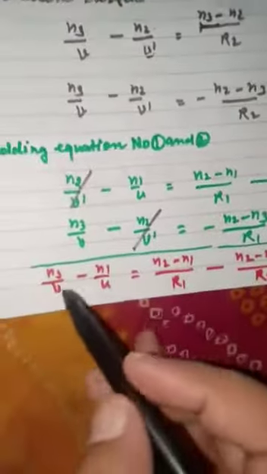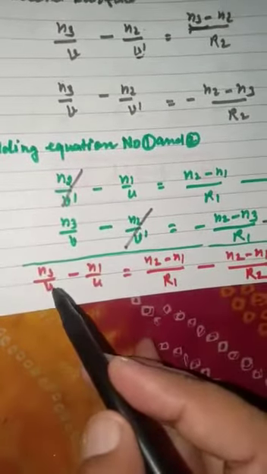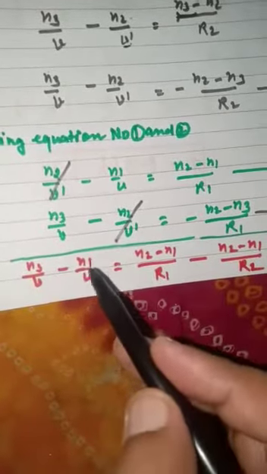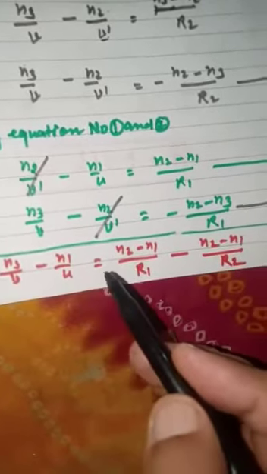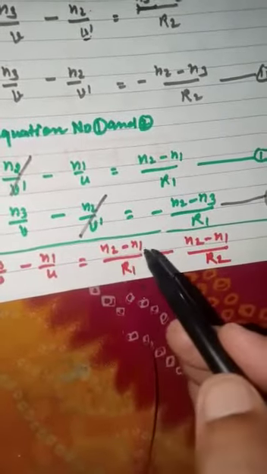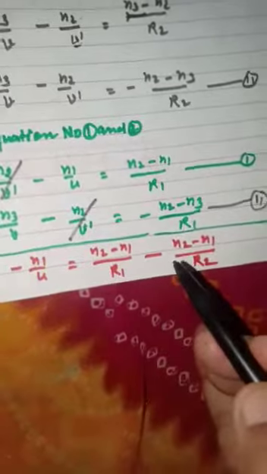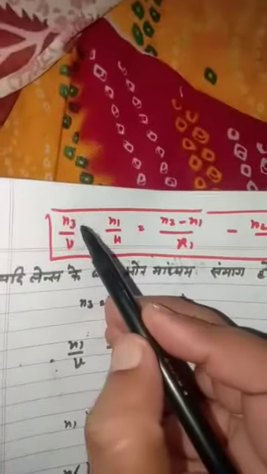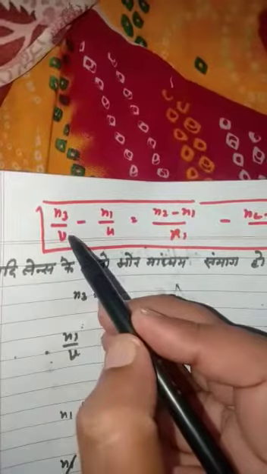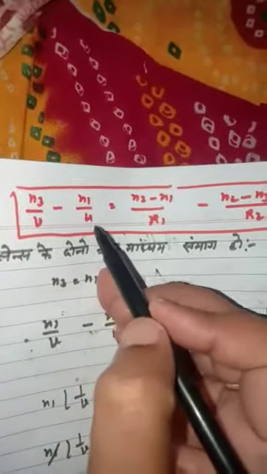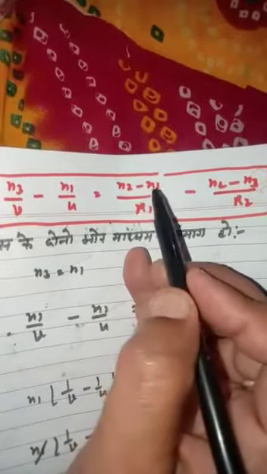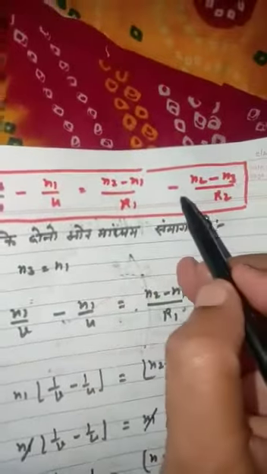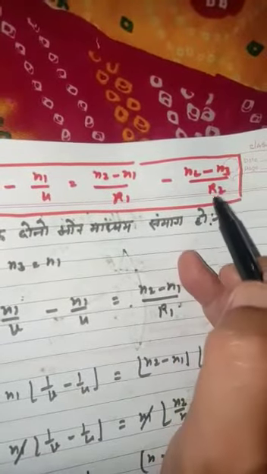Then we will get N3 upon V minus N1 upon u is equal to N2 minus N1 upon R1 minus N2 minus N3 upon R2.